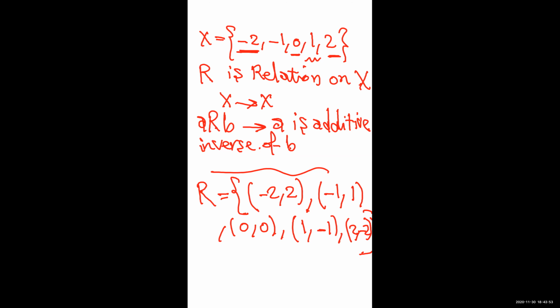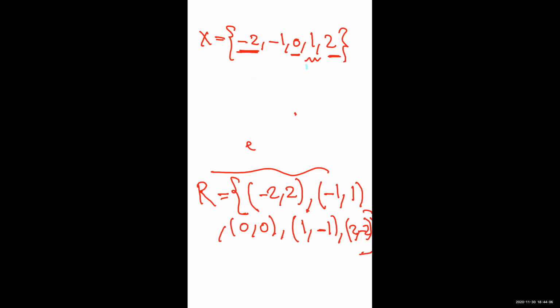Let's clear this area on the board. We'll clear this small space so that we can draw the arrow diagram. Now it's only a relation on X, so we can represent it in two ways.